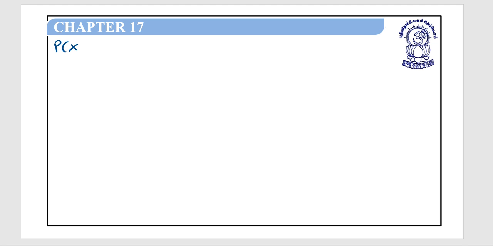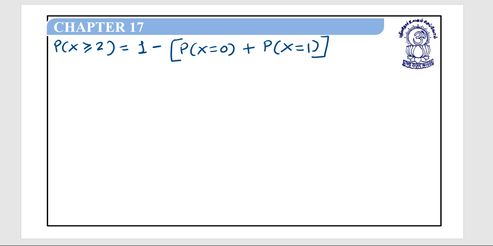So probability of x greater than or equal to 2 is equal to 1 minus the sum of probability of x is equal to 0 plus probability of x is equal to 1, because here it is at least 2. So find out the probability of x is equal to 0 and probability of x is equal to 1.